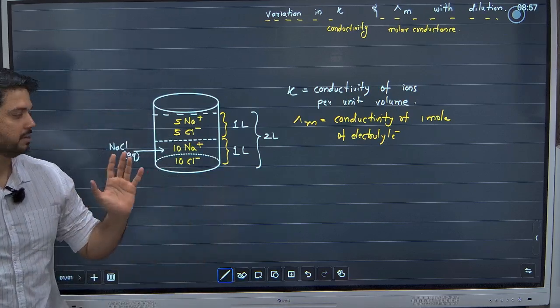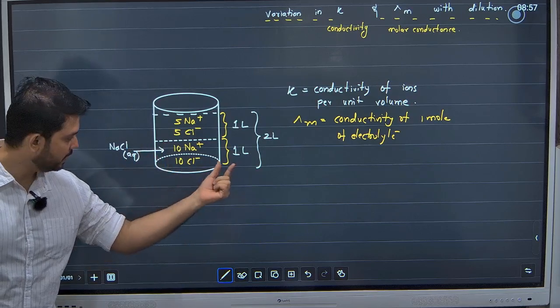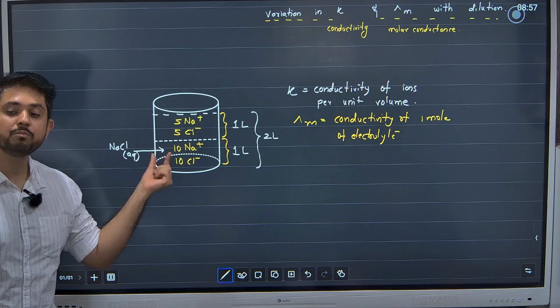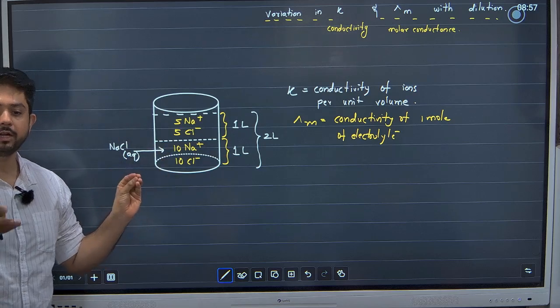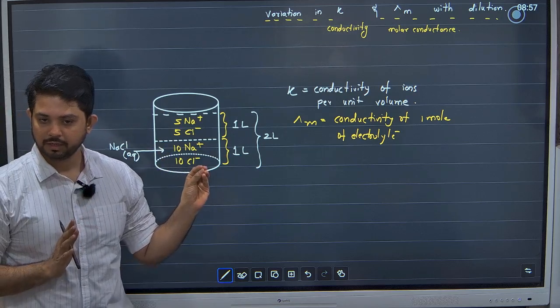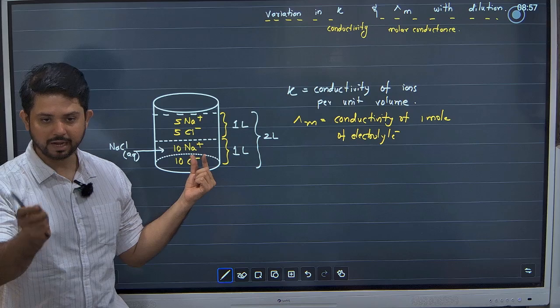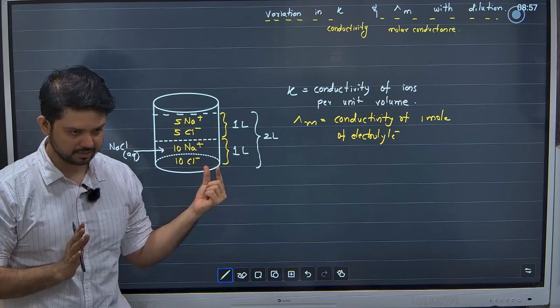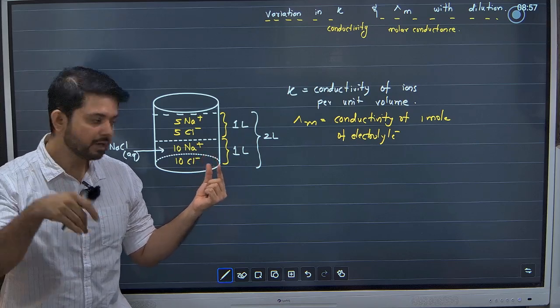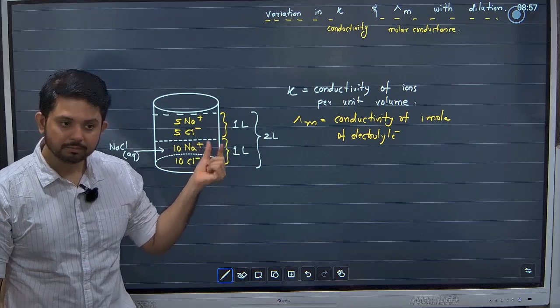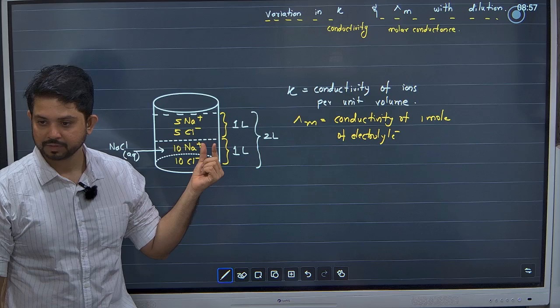Now tell me, let us assume कि वो पहला 1 लीटर में ना it was 1 mole of electrolyte. So 1 mole electrolyte जब पहले डाला हमने, it gave us 10 ions of Na plus and 10 ions of Cl minus. Then I added 1 more liter. Some more ions are produced.